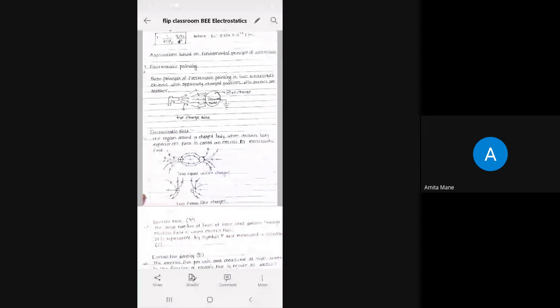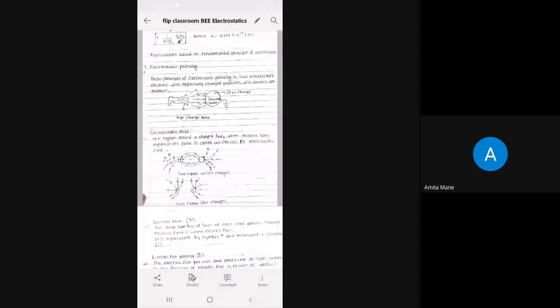You can continue. Okay. So electrostatic painting is based on the principle that we give charges to both the objects. If we want to paint one object, we will ground it, and we will give that object negative charge as shown in the figure, and we will give positive charge to the paint.